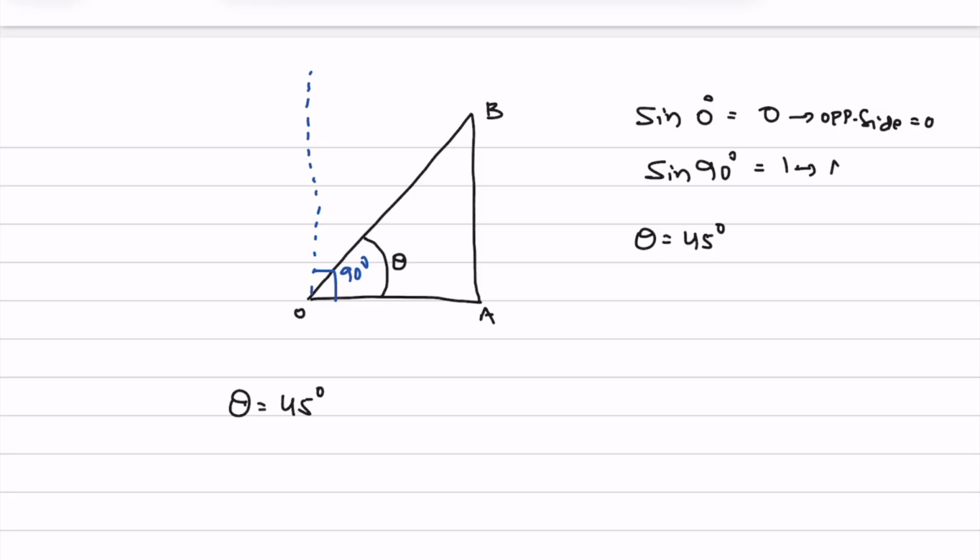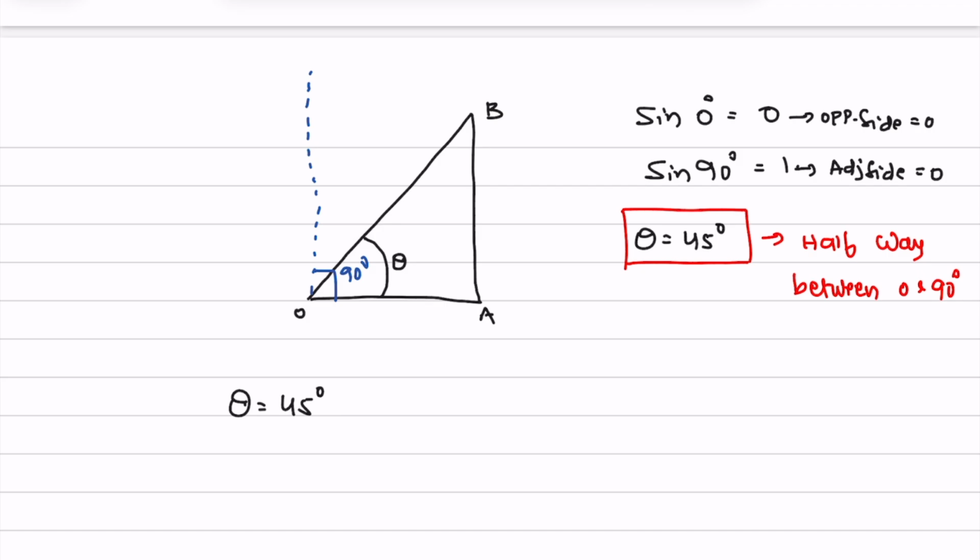If it is in between 0 and 90, if theta is equal to 45, just halfway between 0 and 90 degrees, it implies opposite side is equal to adjacent side.